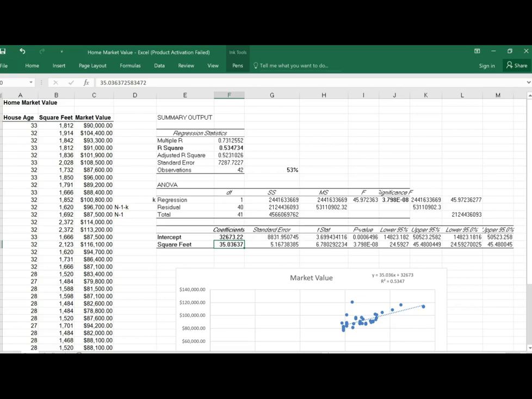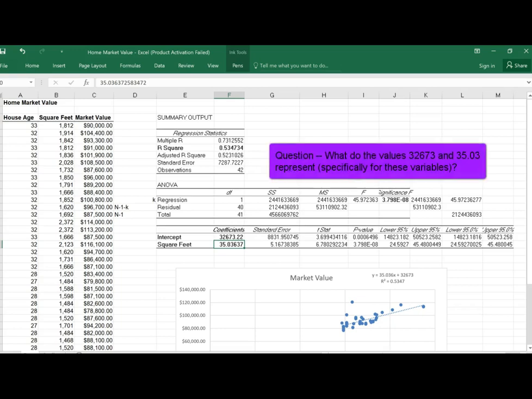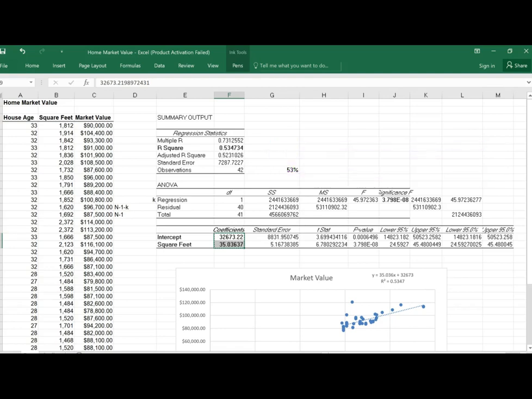Formally, if we're talking about measuring market value as a function of square feet, can you put into words what that slope and intercept represent? If you were going to write this out, what's a good way to write it? One of the things you should start thinking about deliberately is how many decimal places to choose. The coefficient estimate of the intercept is 32,673.22.